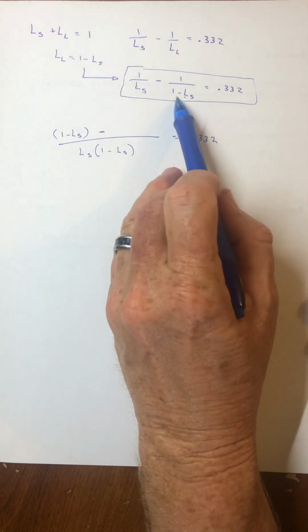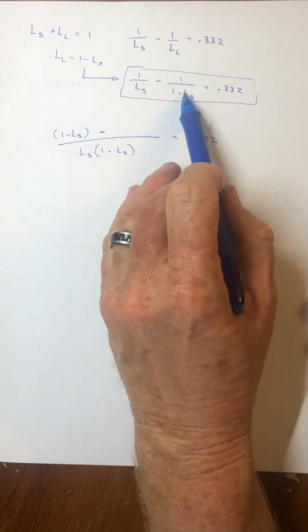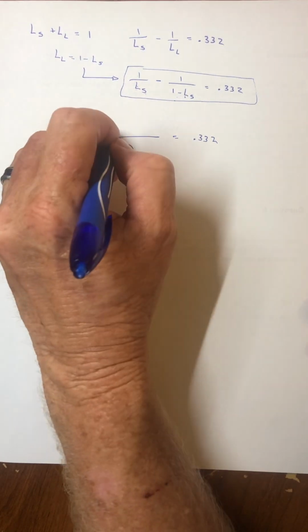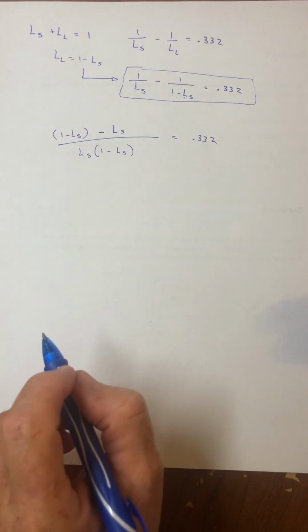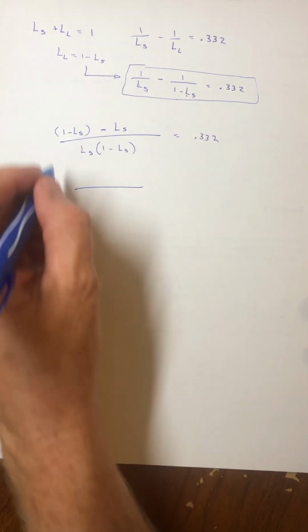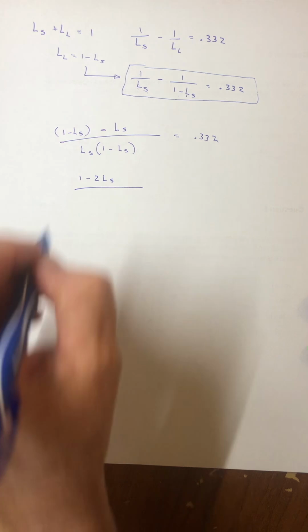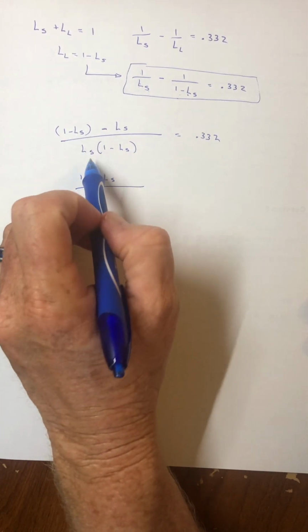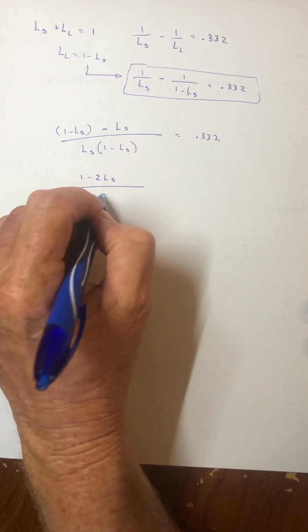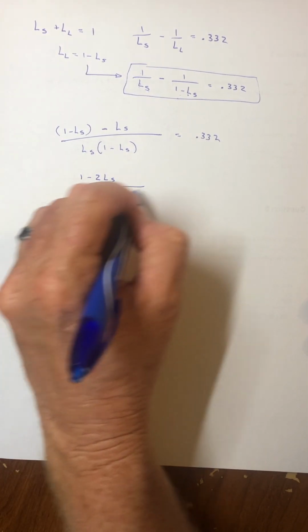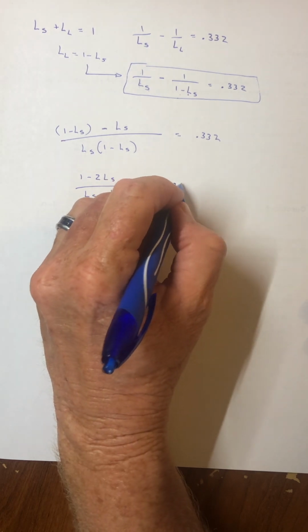And this one already had the 1 minus LS, so I have to multiply the bottom by LS, which means I have to multiply the top by LS. And so this top just becomes 1 minus 2 LS, and the bottom becomes LS minus LS squared, equals 0.332.